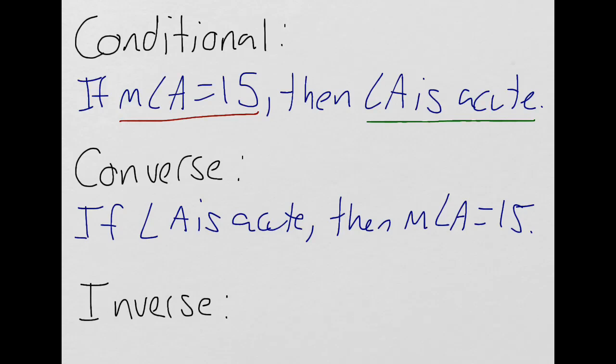Okay, so now we're going to take a look at our inverse. That is where we negate both the hypothesis and the conclusion. I'm going to take my hypothesis and make it not, and take my conclusion and make it not.